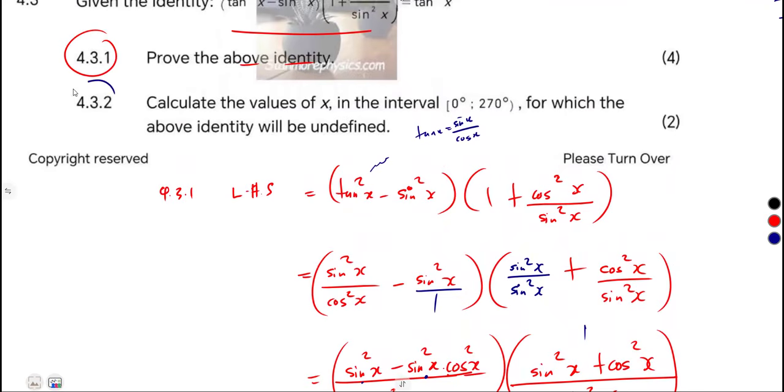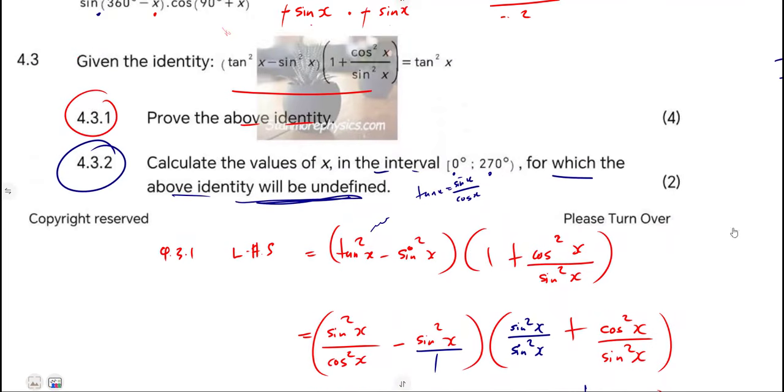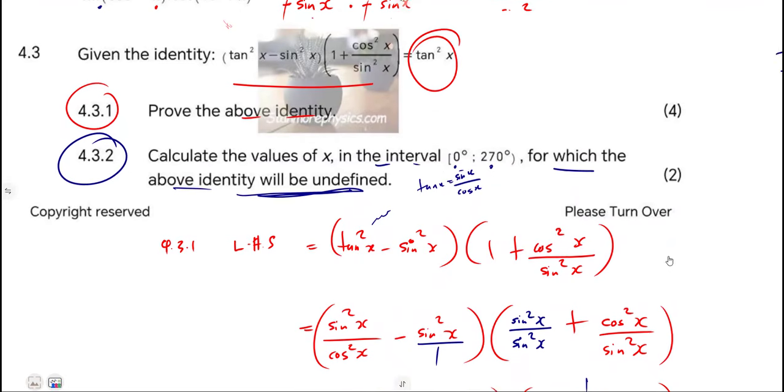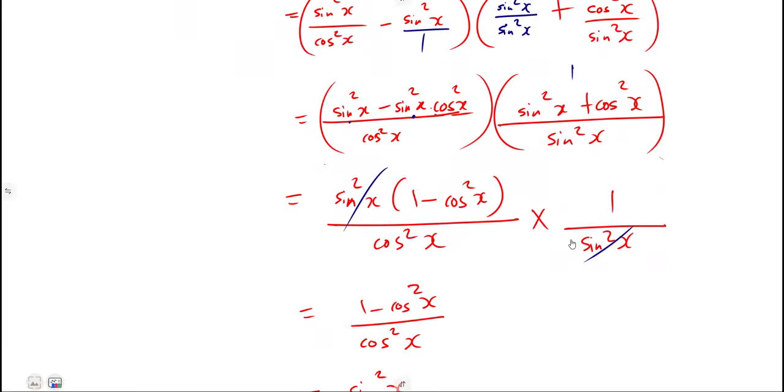All right, then 4.3.2. Calculate the values of x in the interval from 0 to 270 for which the above identity is undefined. So instead, we can use what we have already on the right-hand side, a single what? A single trig that we have already proved.